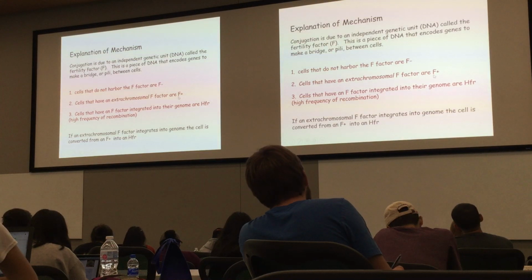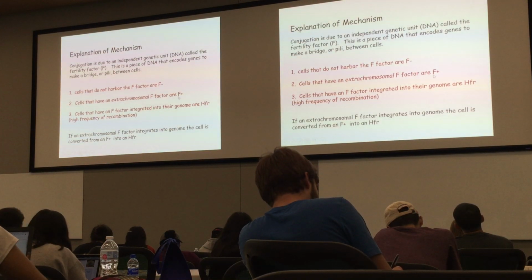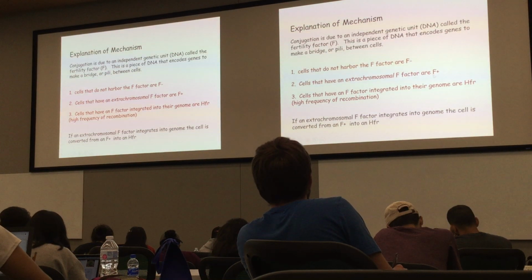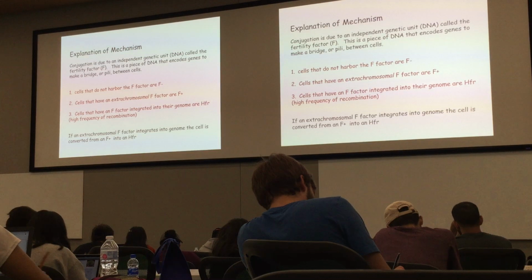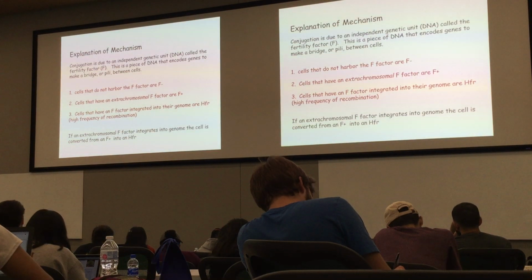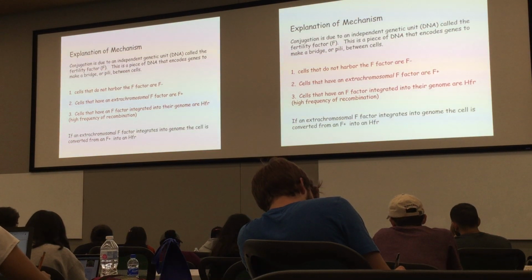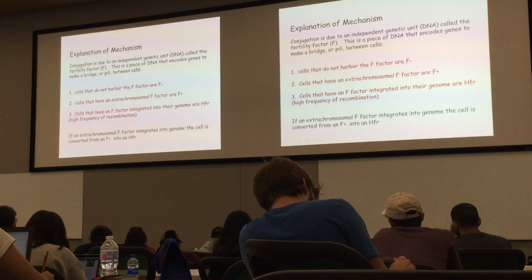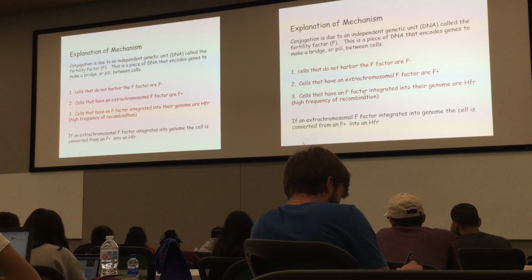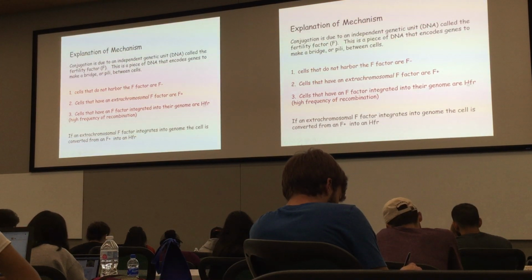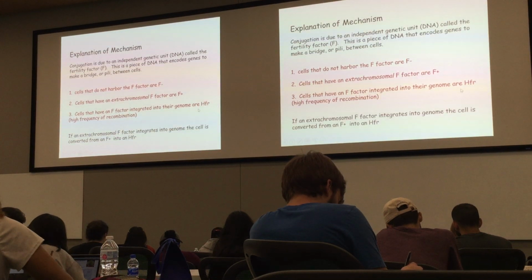And we can have cells where the F factor has integrated into the host cell genome and is kind of propagating or replicating along with that genome during DNA replication, just as if it were another gene, okay? So these cells where the F factor DNA is integrated into the genome are called HFR for high frequency of recombination.